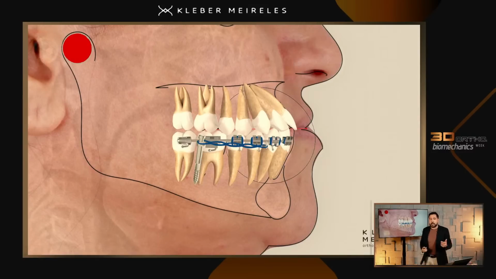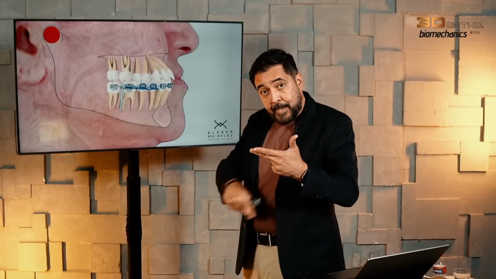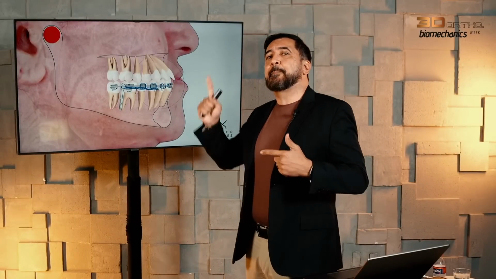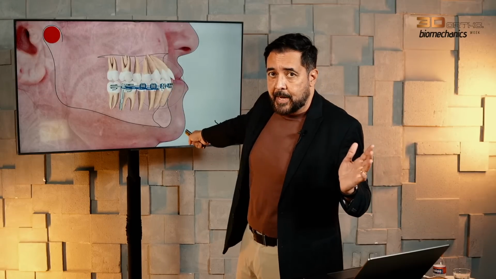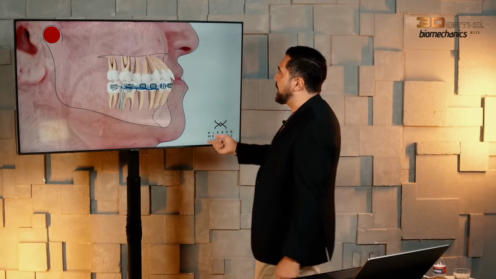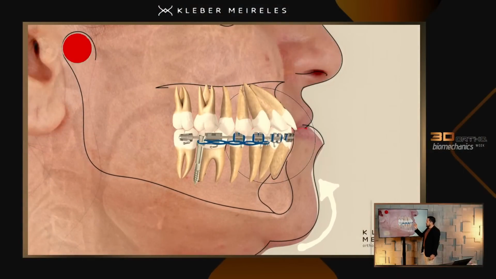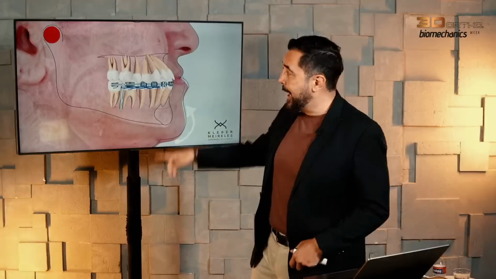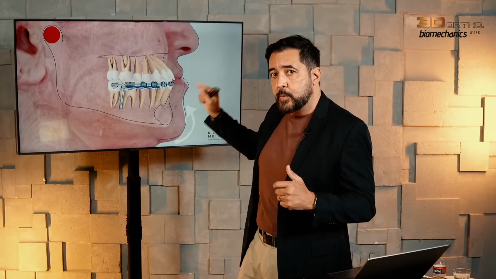There's no gap really, because every time we have a gap, there's something to occupy it. The mandible will rotate up and forward immediately with this type of mechanics. And by rotating up and forward, you are preventing the extrusion of upper teeth that you need to do. You are really decreasing the occlusal plane that was already decreased.